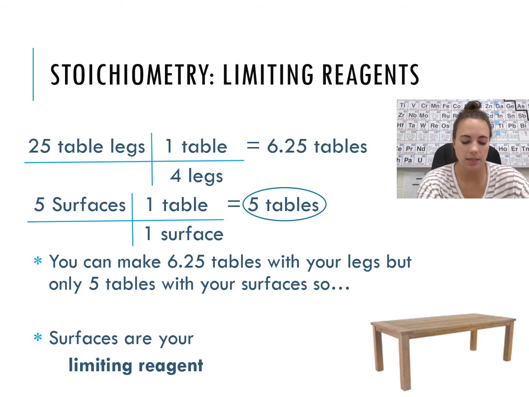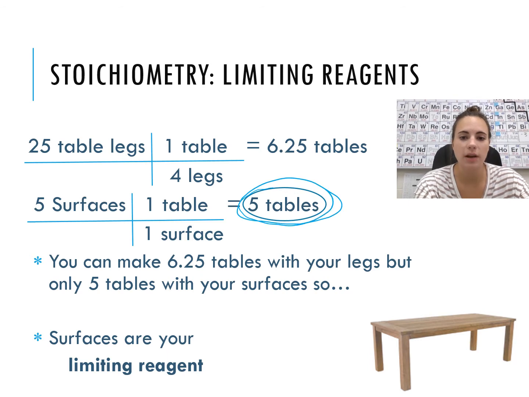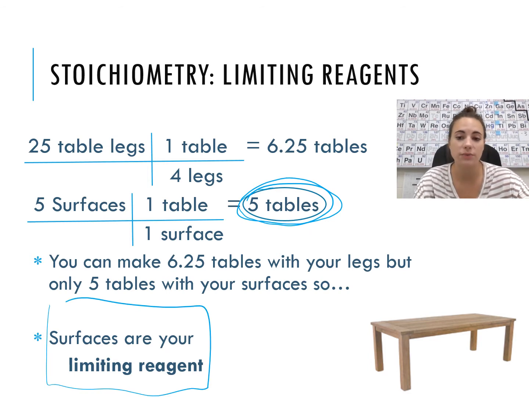So I can make 6 1/4 tables with my legs, but I can only make 5 tables with my surfaces. So I absolutely would have to stop making tables when I got to 5 because I would run out of surfaces. So that means surfaces are my limiting reagent.